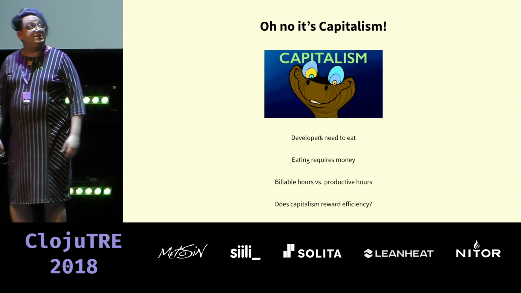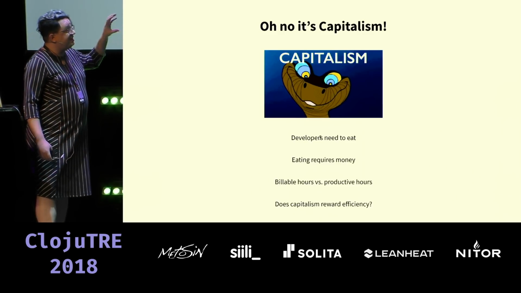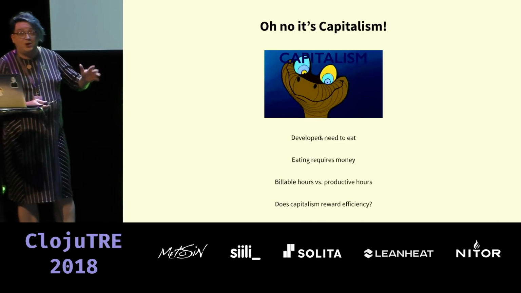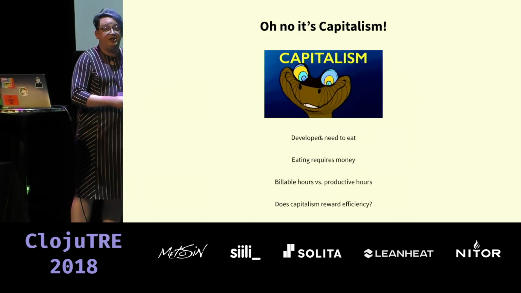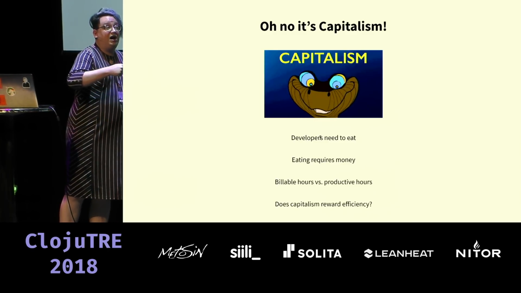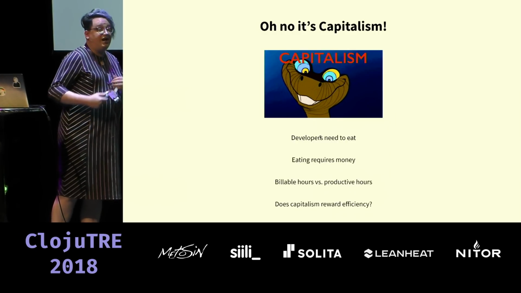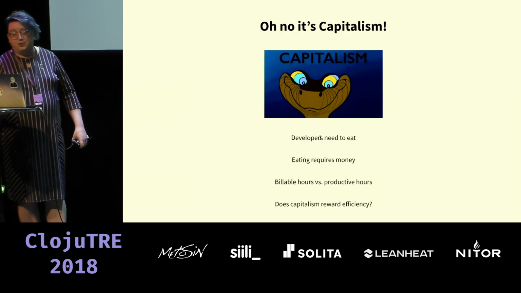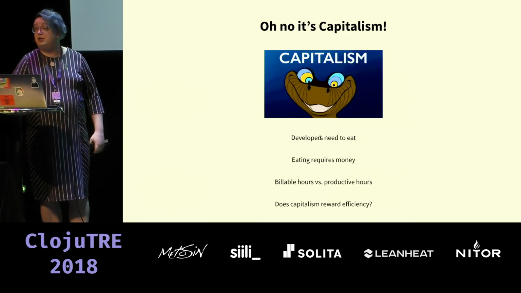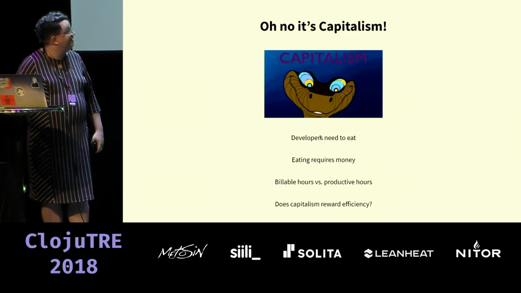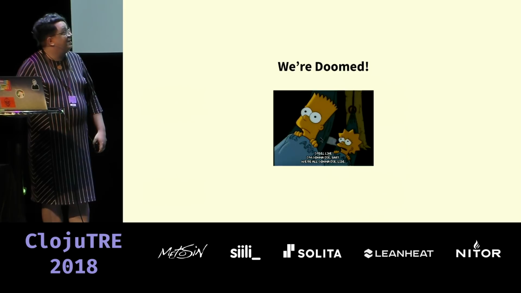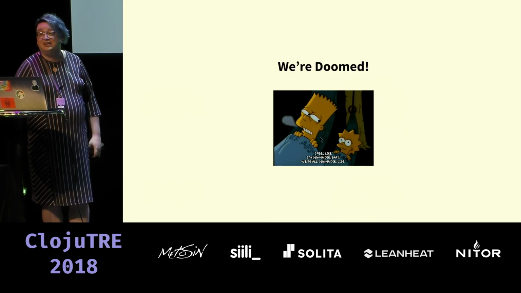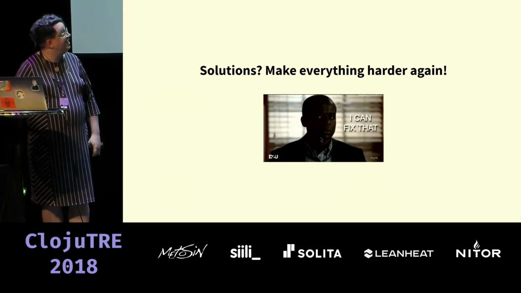So does capitalism, does this economic system, really reward efficiency? Is the most efficient one the one that us programmers, us consultants, us developers are actually getting rewarded for? I actually don't have an answer to this. But, so we're doomed. What can we do?